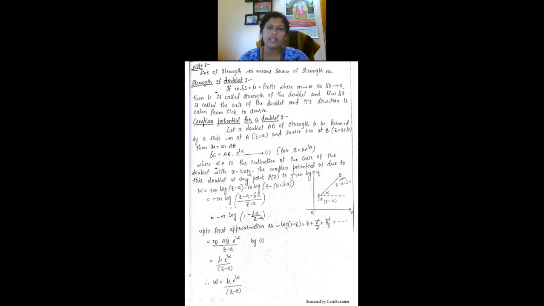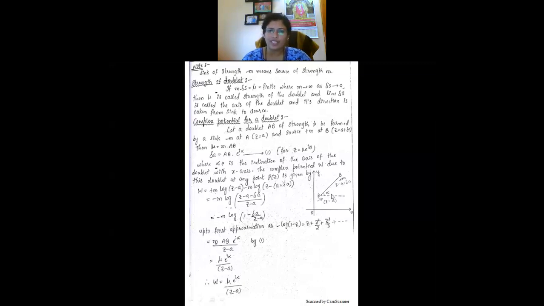Now the value of delta A, whatever the distance between A and B, can be calculated by the result delta A equal to AB into e to the power of i alpha. In order to travel from A to B, if you draw a normal axis with the x-axis, there is an angle of inclination, that is alpha.